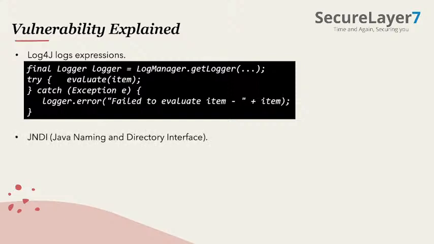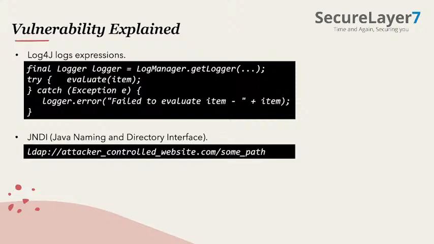Next thing is JNDI. JNDI stands for Java Naming and Directory Interface, right? So what does JNDI do? JNDI allows you to store a Java object in any remote location and then serialize it, a kind of streaming it into your JVM.